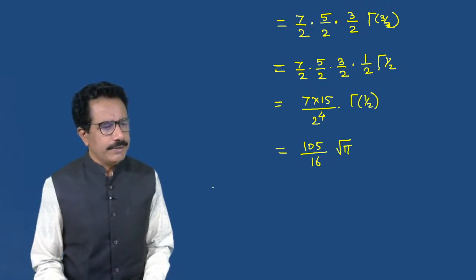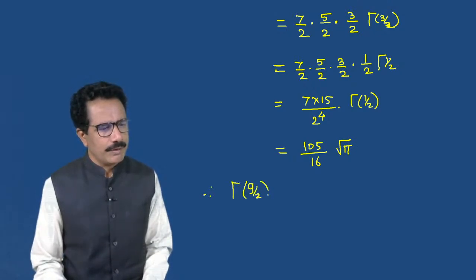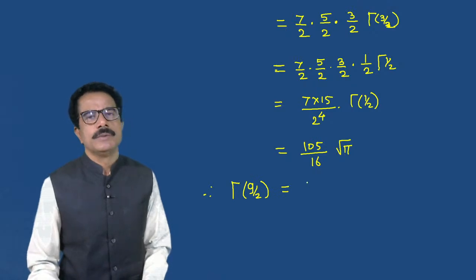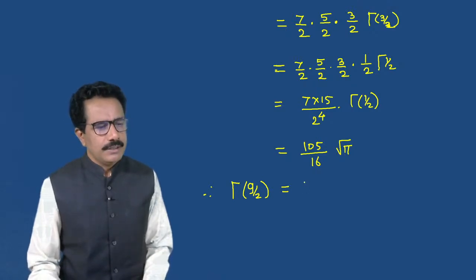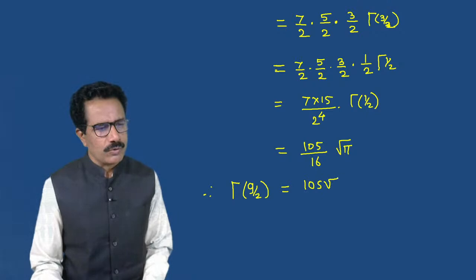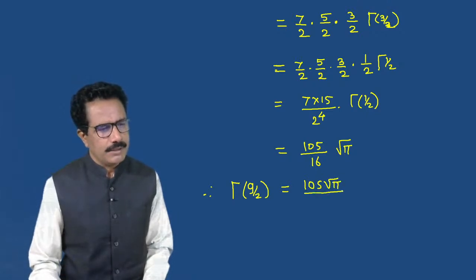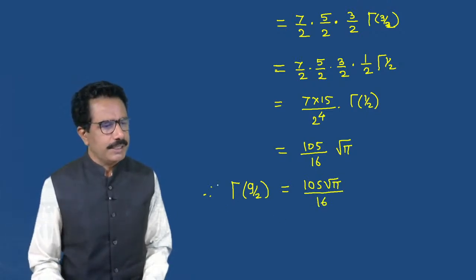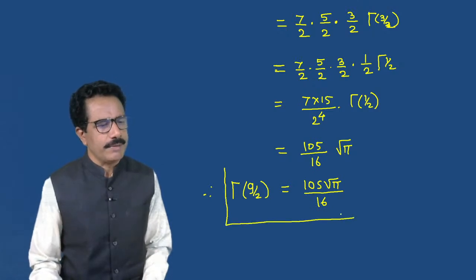Therefore gamma of 9 by 2 equals 105 root pi divided by 16. This is the value of gamma 9 by 2.